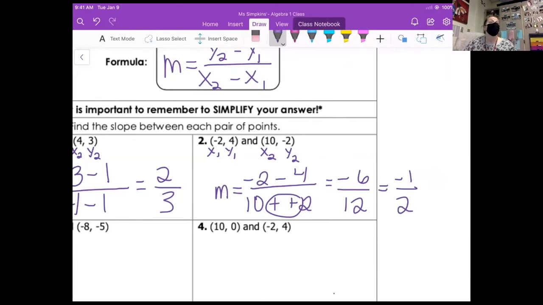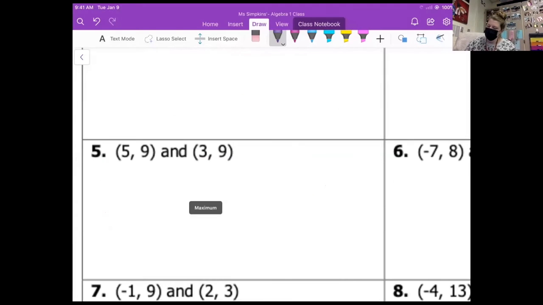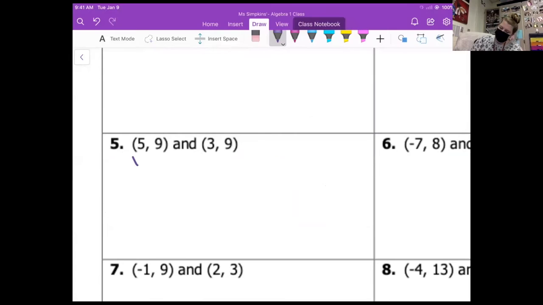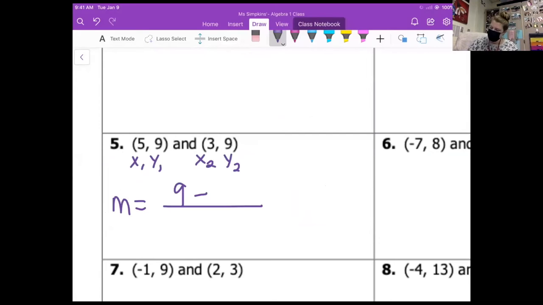We're gonna do one more together and then I'm gonna have you do 2 on your own, okay? Are you good with me to move, Zion? You said wait. Are you sure? All right, let's look at number 5. x1, y1, x2, y2. What number goes first? 9 minus 9. 3 minus 5.